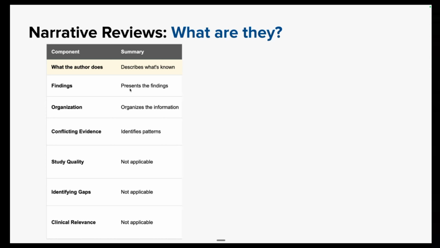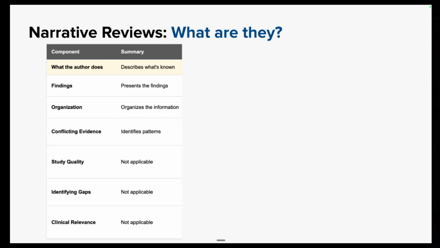A very key part of narrative reviews is organizing the information in a way that makes sense to the reader. We'll talk through that as we go through the lecture series, a few different principles on how you might want to organize the information, whether it's from most recent to least recent or least recent to most recent, whether it makes sense to cluster it together by gender or comorbidity.